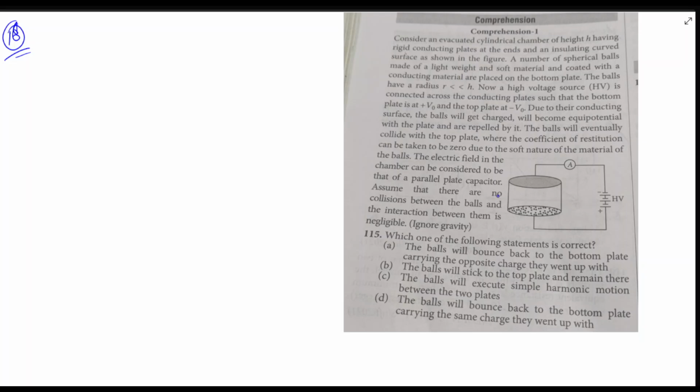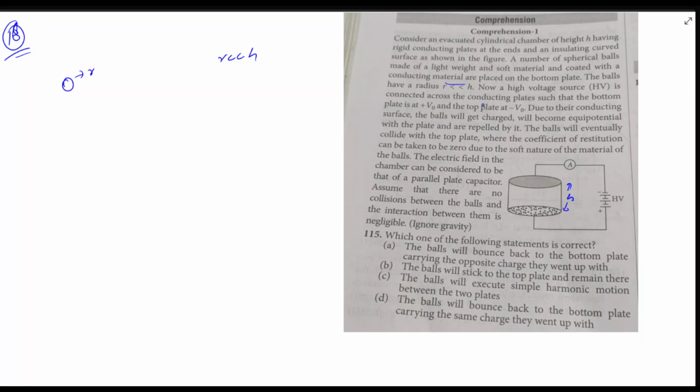Okay, so this is insulating and these are conducting. A number of spherical balls made of lightweight soft material coated with a conducting material are placed on the bottom. Okay, the balls have radius small r, and r is much less than h, and this is h, the height of the cylindrical container.